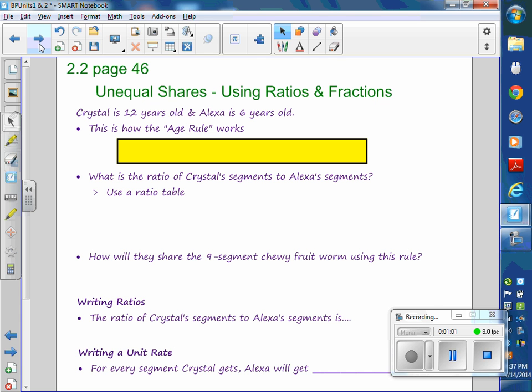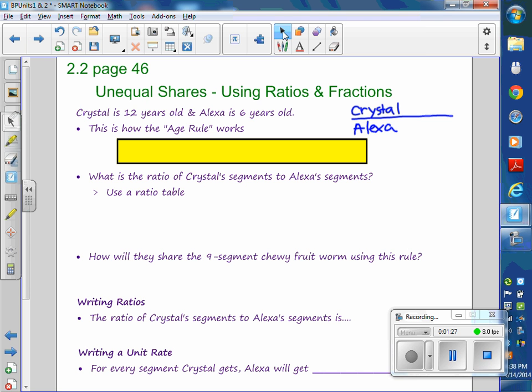So if you break this worm up, like in a ratio table, you might use Crystal on top and Alexa on the bottom.